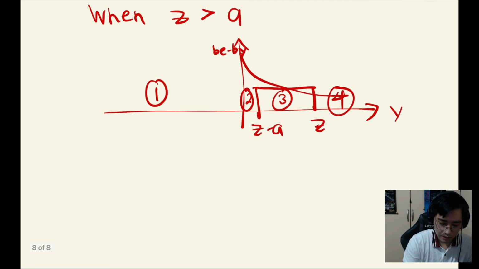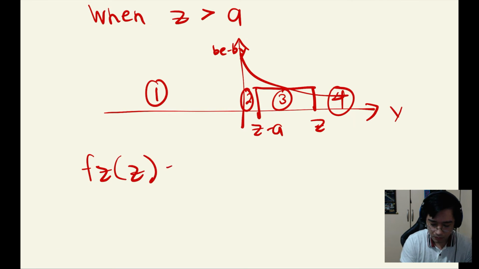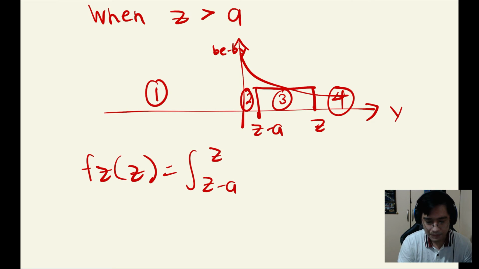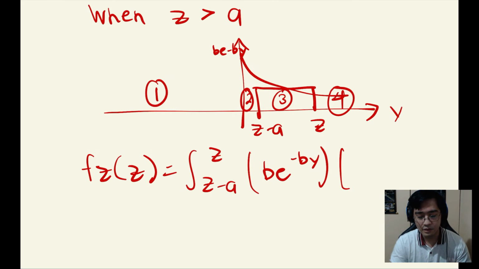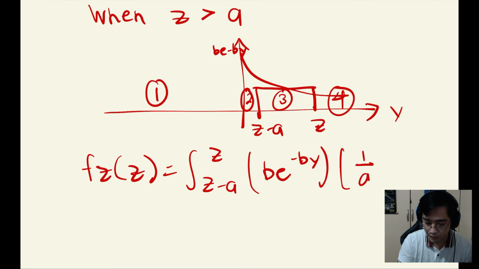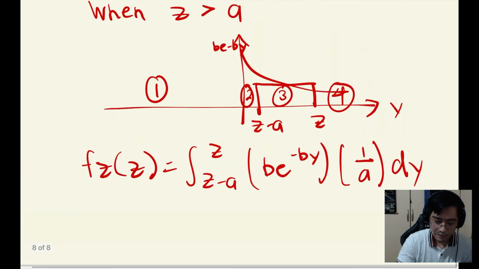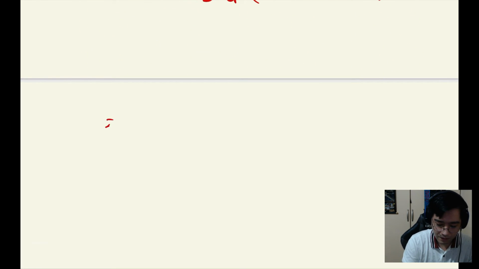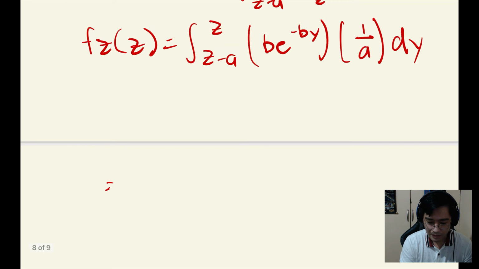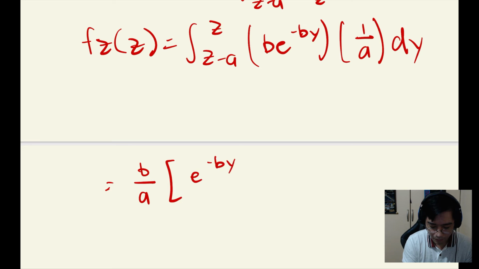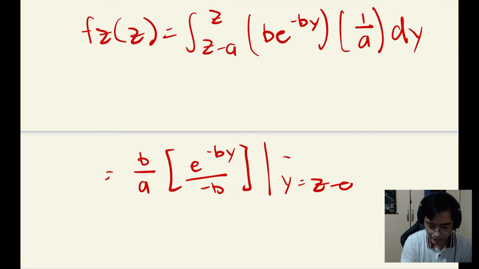So f sub z of z is equal to the integral from z minus a to z of the value of f sub y at that specific region, which is b e to the negative by, times the value of x, the probability distribution function of x at that specific region, which is 1 over a, integrated over y. So again, this is just an integration. Once again, this is equal to b over a times e to the negative by over negative b, integrated from y is z minus a to y is z.